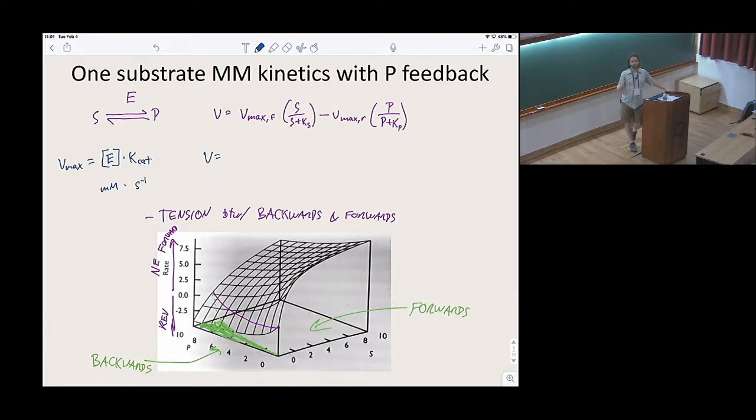Things will flow forward faster, but they'll actually flow backwards faster also. And so if we factor out the enzyme, now we just have kcat forward times all of that minus kcat reverse. Make sense? This ends up being rather important for what we're going to end up seeing later.